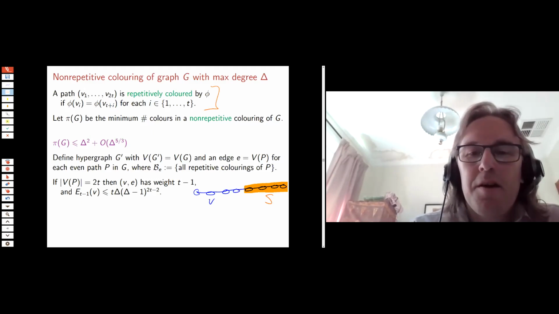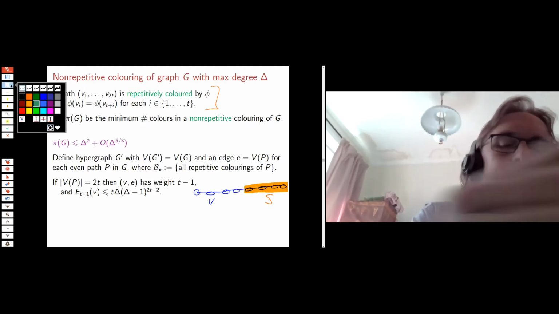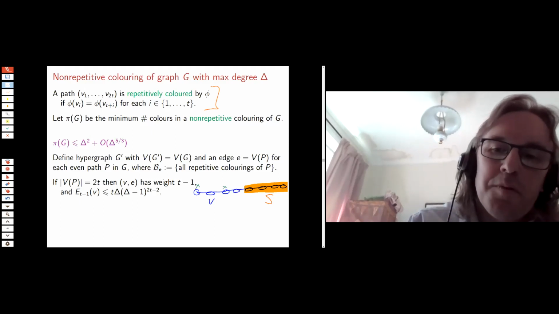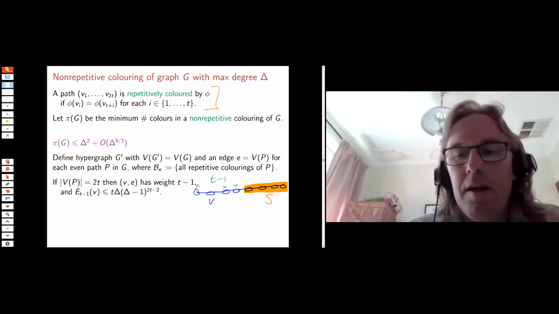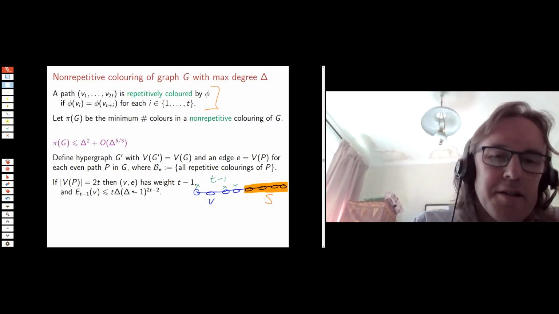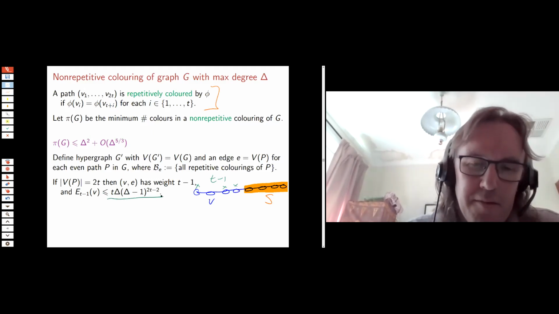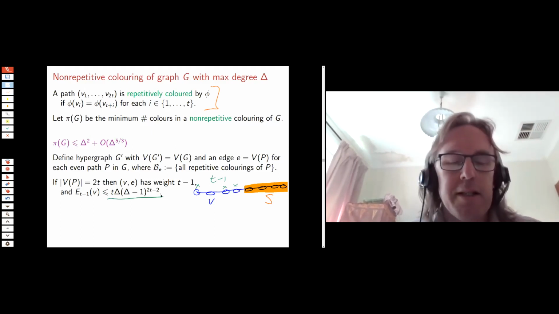So then you say, well, what's the weight? Well, the weight is exactly everything that's left over. So this one, and this one, and the number of those vertices is t minus 1. So the weight here is t minus 1. Another easy exercise is to show that each vertex is in this many paths of 2t vertices in a graph of max degree delta.